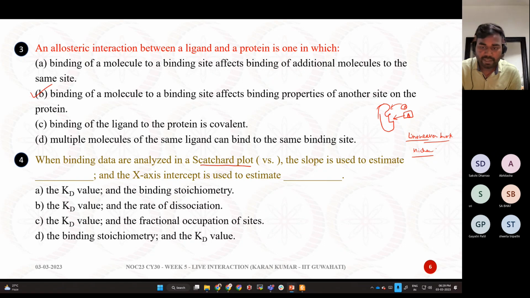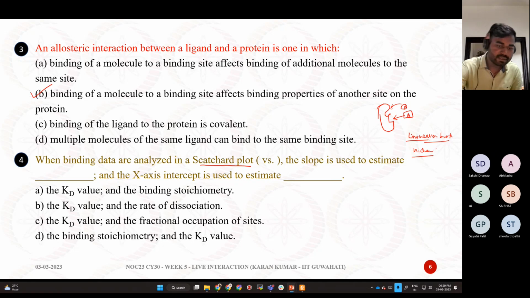Okay, so can you tell me what the slope is determined for in the Lineweaver-Burk plot? What can you analyze in the Lineweaver-Burk plot? KD.